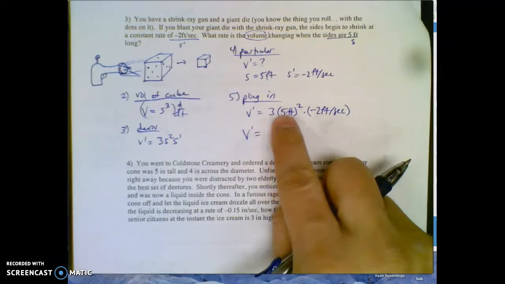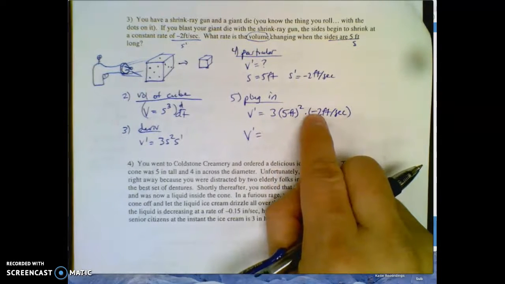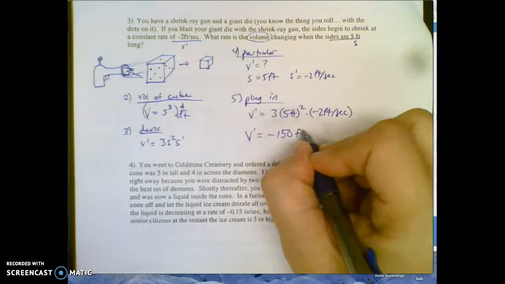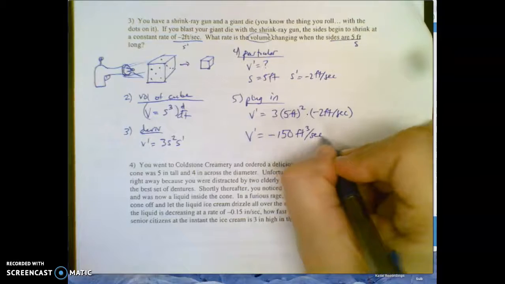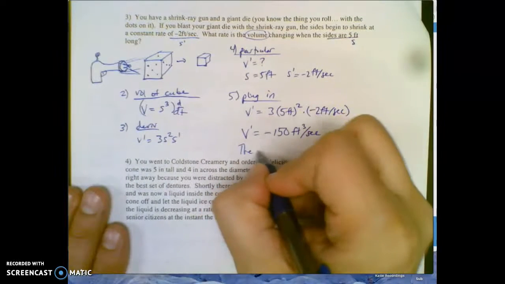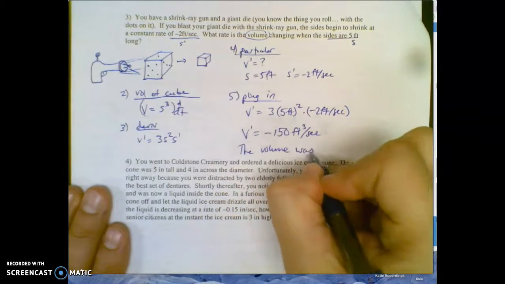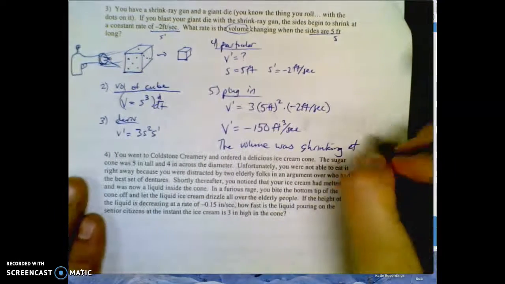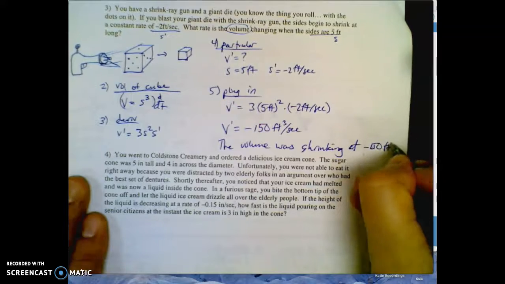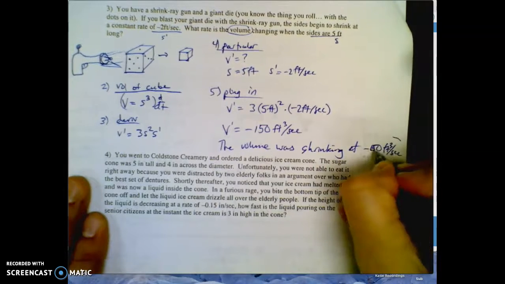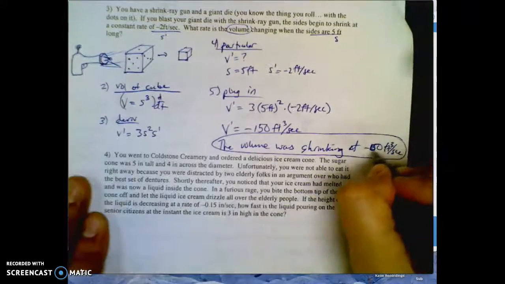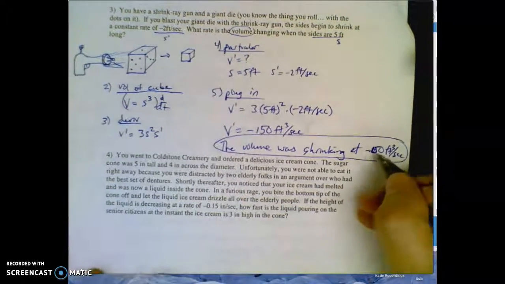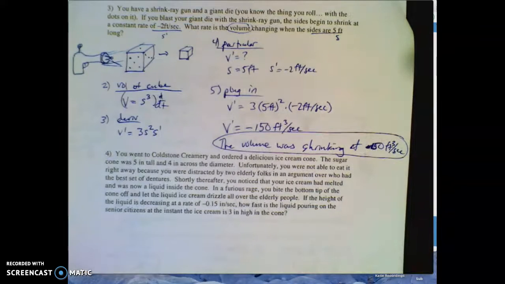So I multiply 3 times 25 times -2, and you get negative 150 cubic feet per second, which tells me the volume was shrinking at negative 150 feet cubed per second. I guess I didn't need to say negative on here because shrinking implies the negative. So you could just say the volume was shrinking at 150 cubic feet per second.